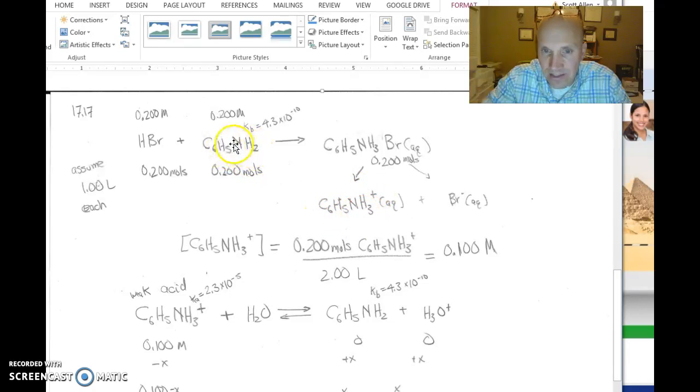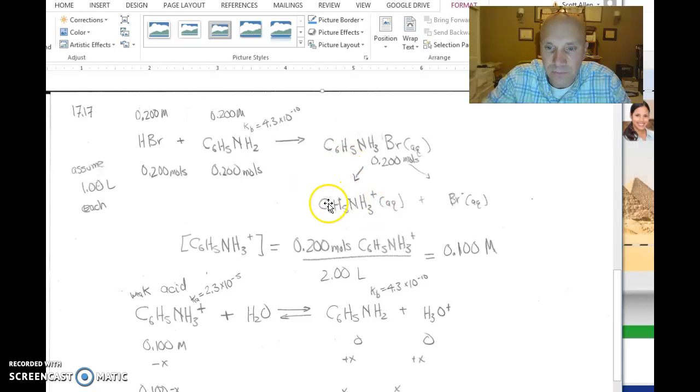So when this thing accepts an H plus, it becomes this right here. What's left from your acid would be Br minus, but we could write it like this, where it's the salt. So what you really have is this cation swimming around in the solution, this anion swimming around in the solution, and if you let all of that water evaporate, you'd be left with a solid material, which would be this material right here.